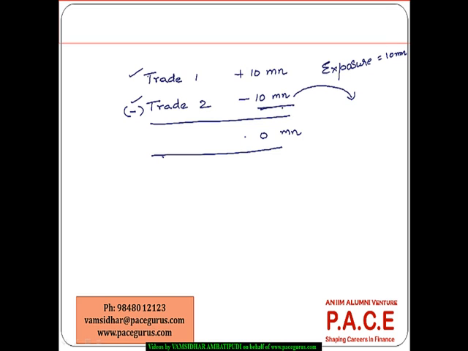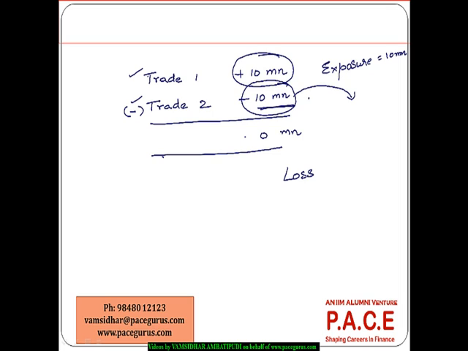In trade 2, I have to pay 10 million to the counterparty. So on one side I have a loss because I have to settle the trade which has a negative mark to market value, but I will not be able to claim on the trade which has the positive mark to market value. That is the biggest disadvantage.